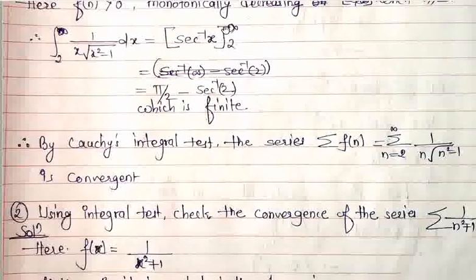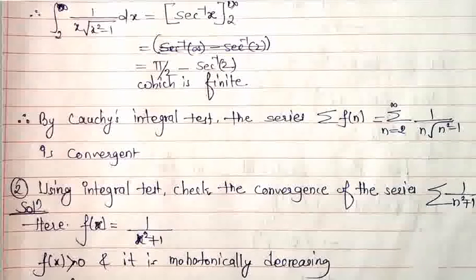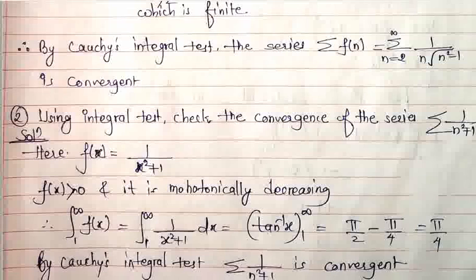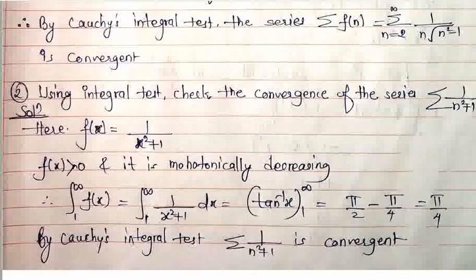So when that is infinity, you get pi over 2 and minus sec inverse of 2, which is finite. So by Cauchy's integral test, the series is convergent.